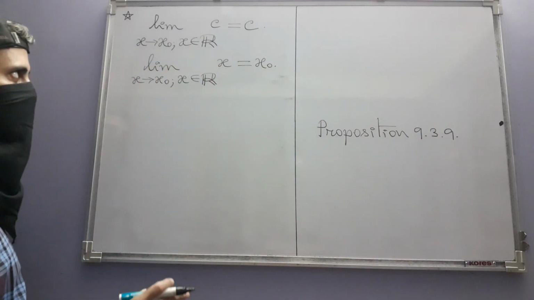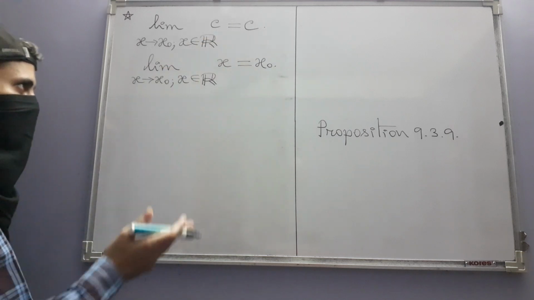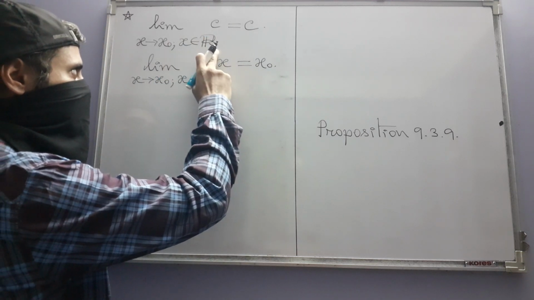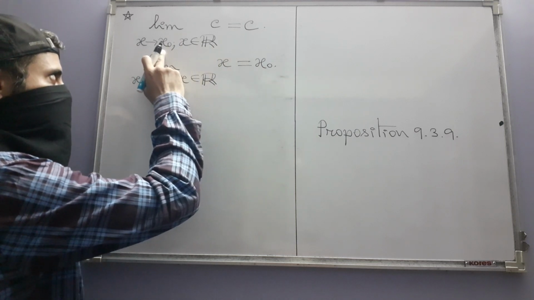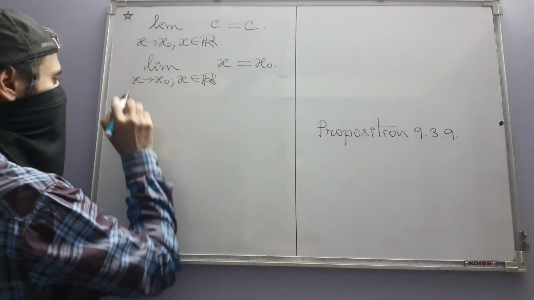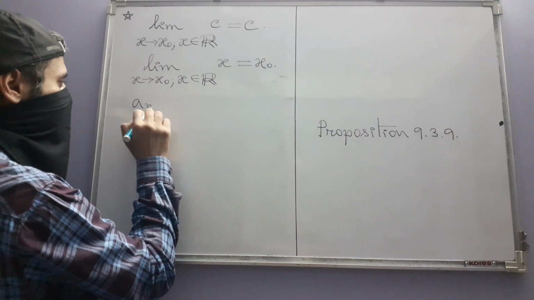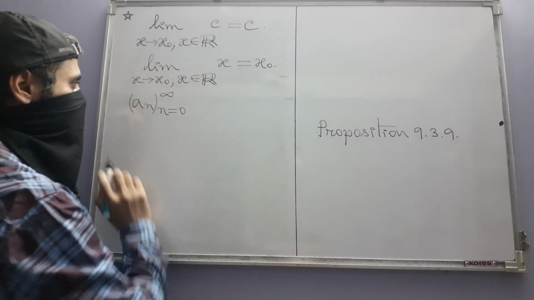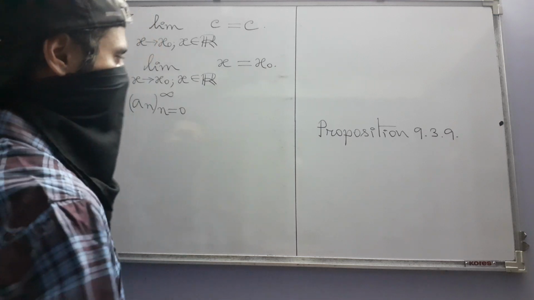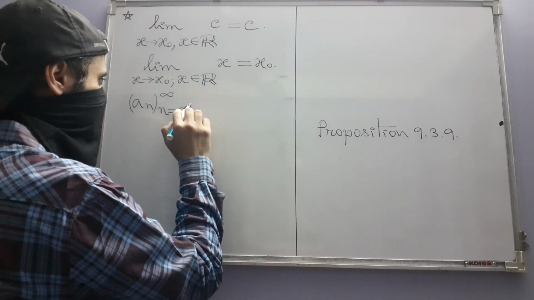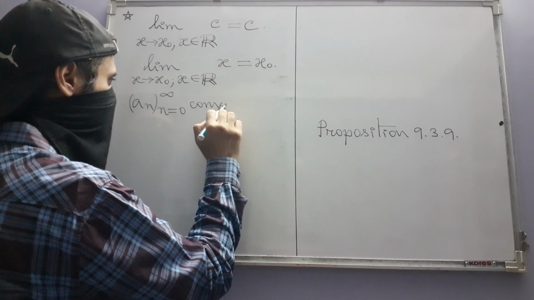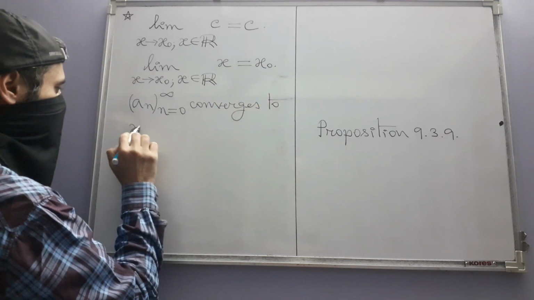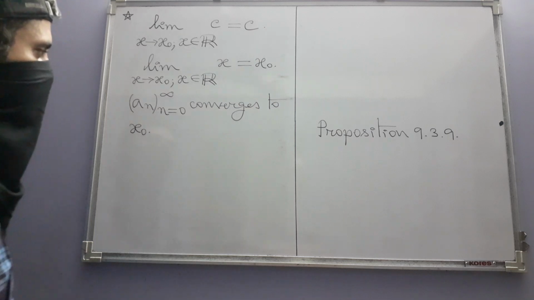By this proposition, to show these two limits, it's enough to consider any sequence in R that converges to x naught, say an is a sequence of real numbers, and say this converges to x naught.